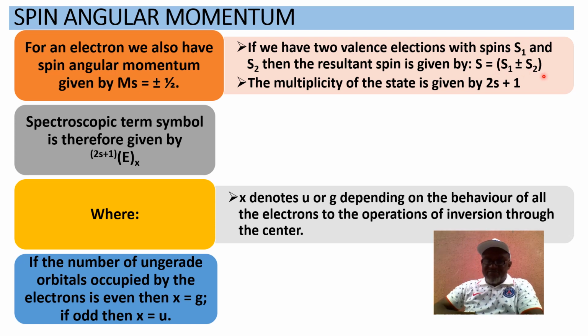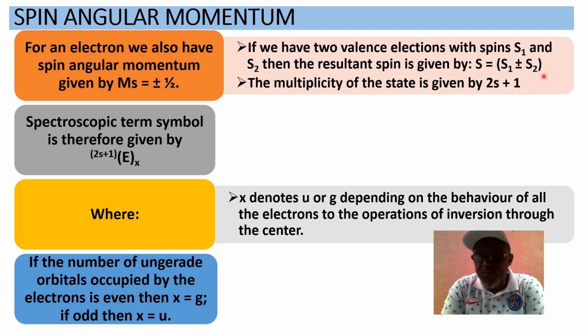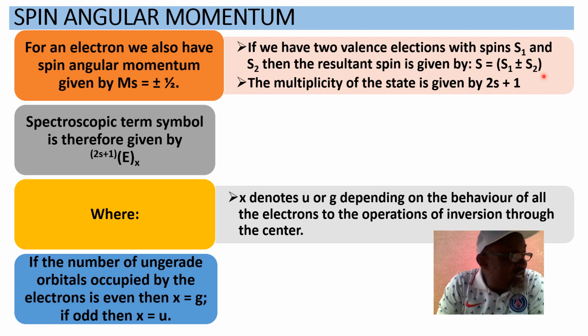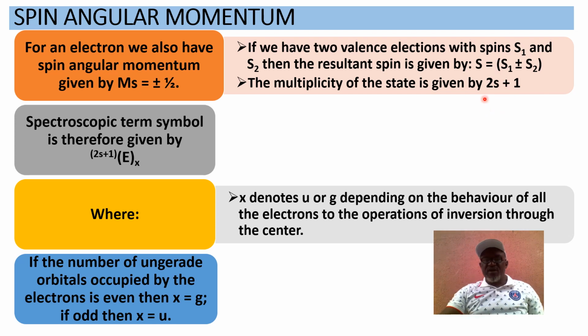So assuming we have S1 equal to half and S2 equal to half, we are going to have half plus half and half minus half. And then the multiplicity is given by 2s plus 1. So whatever resultant s we get here, we'll insert here to get the multiplicity of that particular state.